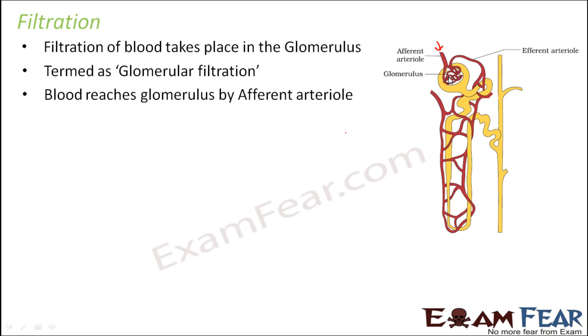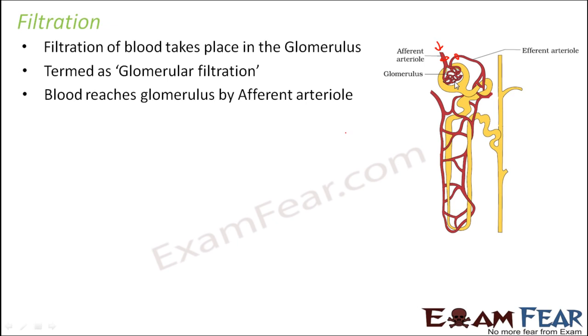As I had mentioned before, a high pressure is created inside the glomerulus. The blood pressure is extremely high because of the difference in diameter of the afferent arteriole and the efferent arteriole. The afferent arteriole is thicker compared to the efferent arteriole. Due to this difference in diameters, a high blood pressure is created inside the glomerulus, and this high blood pressure forces most of the plasma through the lining of the capillaries into the Bowman's capsule.